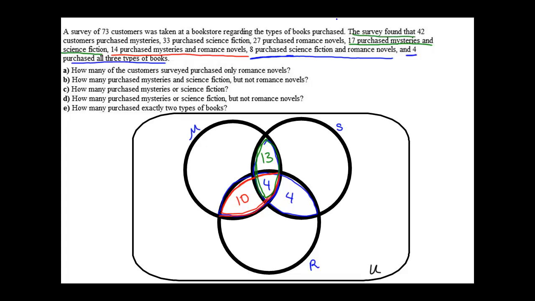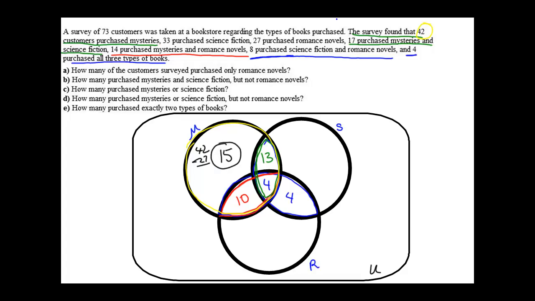It says the survey found 42 customers purchased mysteries. So the entire circle, what I'm circling with yellow, needs to have a total of 42. I would take the sum of these 3, which is 27. And then 42 minus 27 gives me 15 for this region.